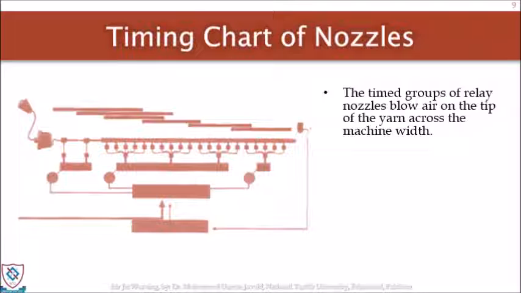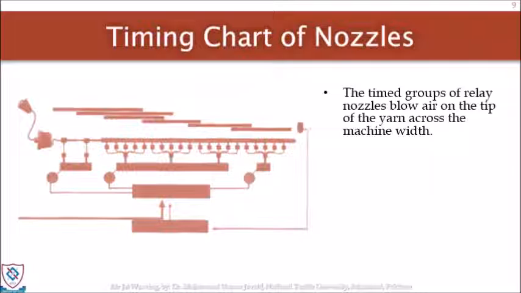I want to mention over here that the relay nozzles work in groups. This working in groups is because we want our yarn tip to be accelerated and the remaining part, the part behind the tip, to follow this acceleration.